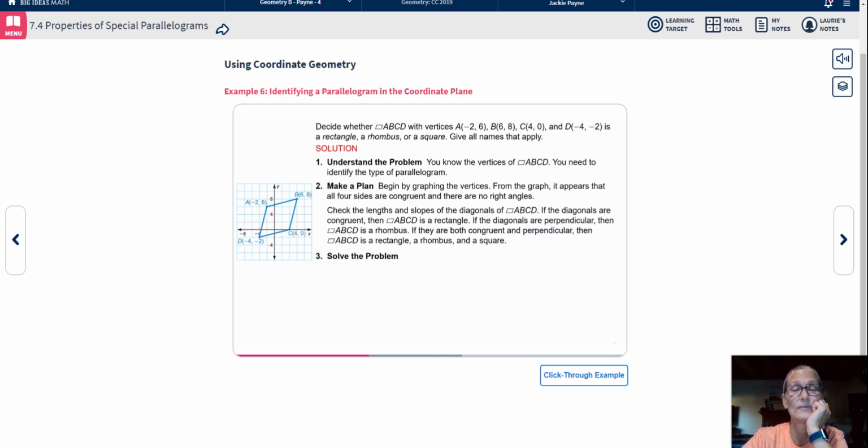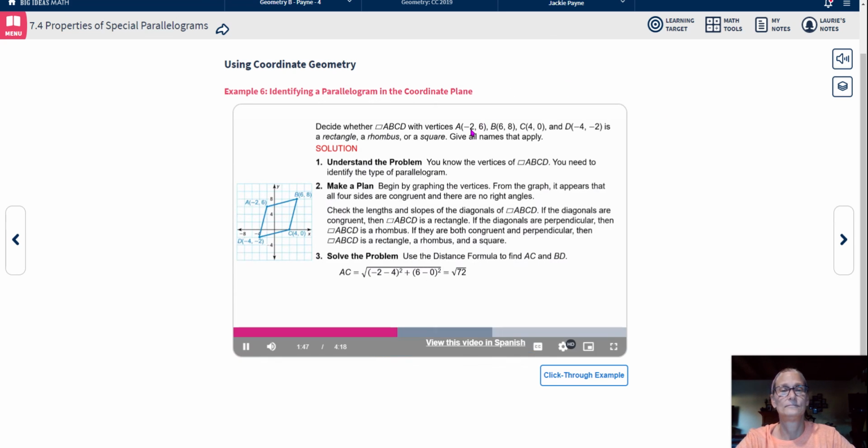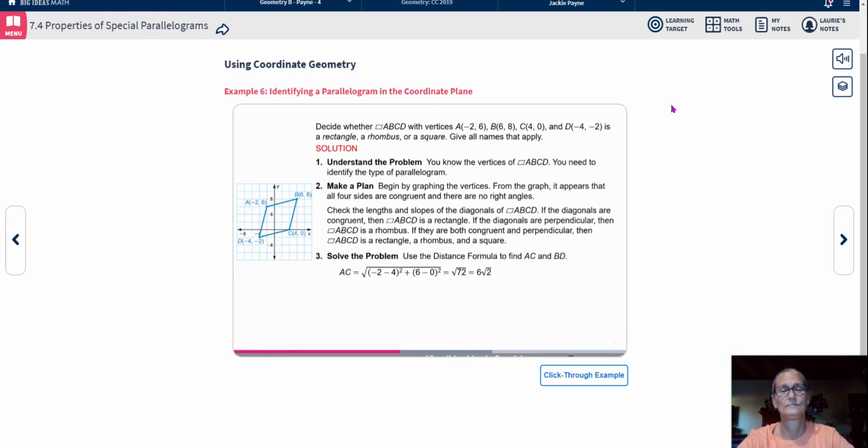Step 3. Solve the problem. Use the distance formula to find AC and BD. AC is equal to the square root of the quantity -2 minus 4 squared plus the quantity 6 minus 0 squared, which equals the square root of 72, or 6 times the square root of 2.